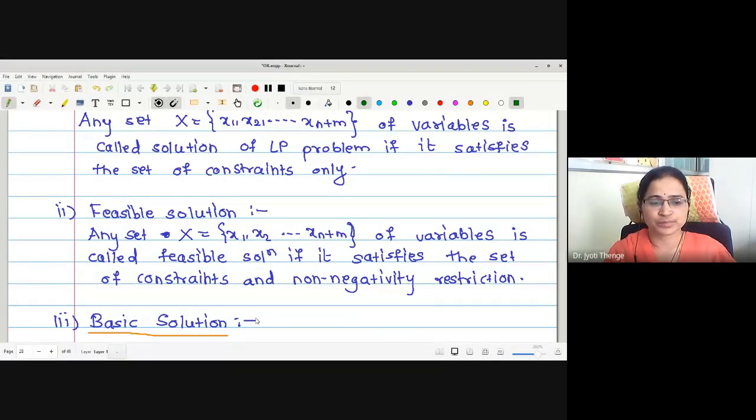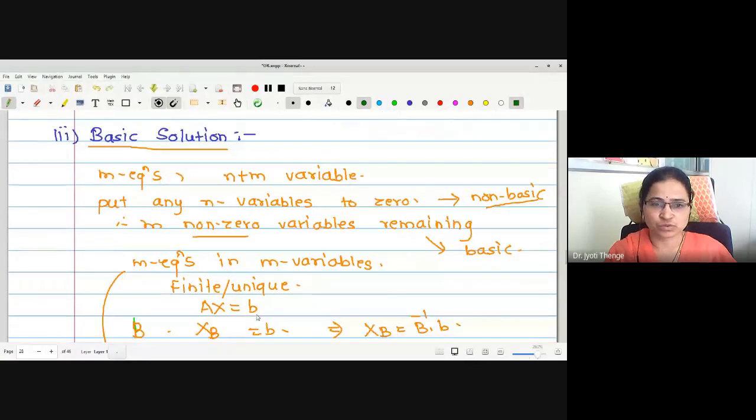Third is basic solution. Basic solution we have also discussed in detail. Actually, we have a system of m simultaneous linear equations in n plus m variables. Therefore, to get a unique or finite solution, we put any n variables to 0 so that we remain with m non-zero basic variables with m equations. Correct?